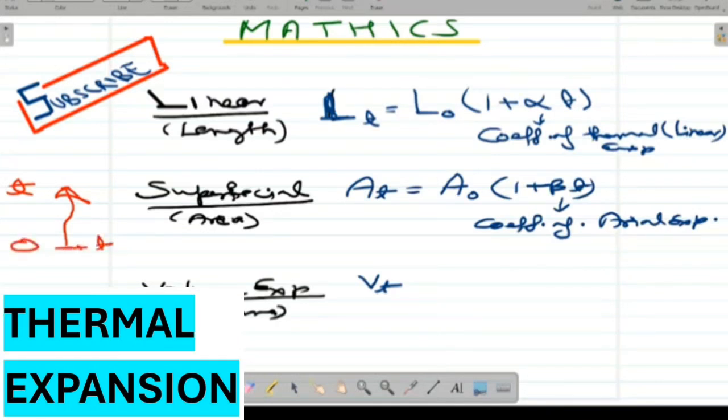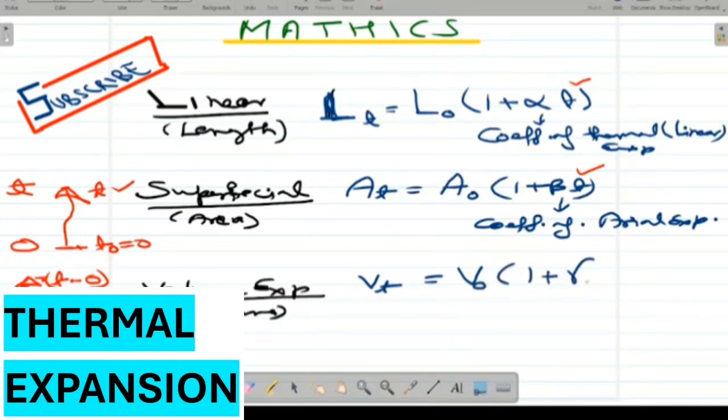So the change in temperature delta is T minus 0, which is equal to T, right? So this we quoted over here. Similarly, we are discussing the volumetric expansion, that is equal to V at 0 multiplied by (1 plus gamma T).